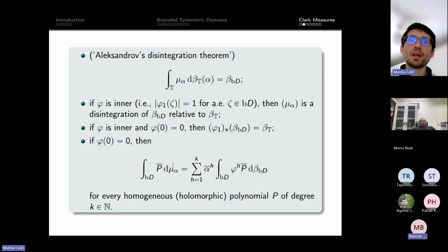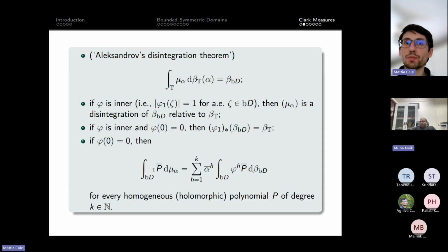So if one of the two is 0, then you are in this situation because you get a homogeneous holomorphic polynomial of some degree. And up to a conjugation, you can assume that the degree is positive because the measure is positive. And so you can describe the Fourier coefficients. If both h and k are non-zero, then your polynomial here is orthogonal to any pluriharmonic polynomials, which means that the corresponding Fourier coefficient is 0.